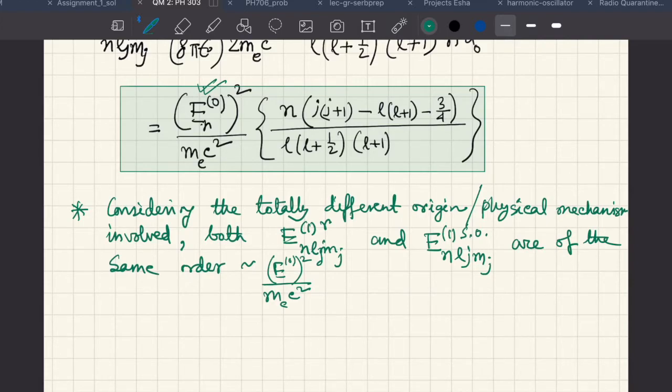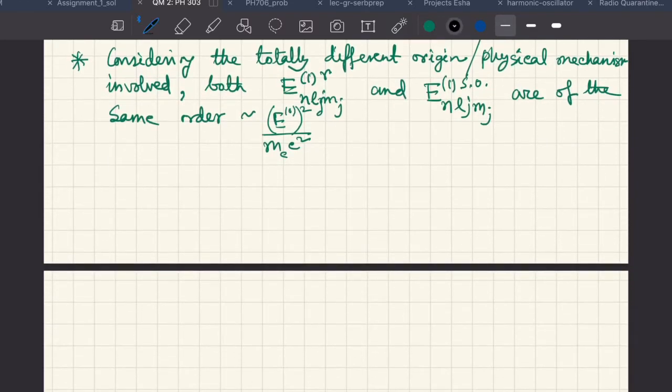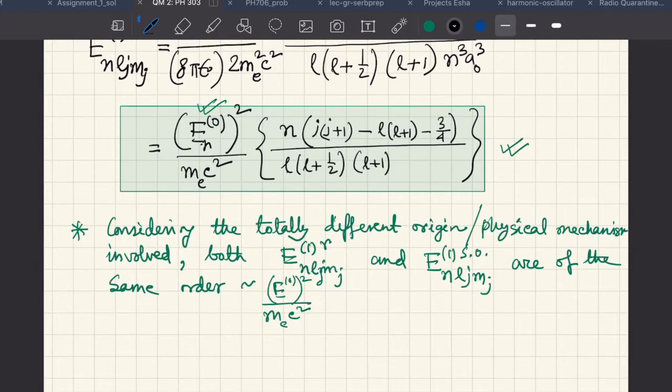The second observation is that the L equal to 0 case in this particular problem is problematic, simply because we have one L in the denominator. On the other hand, the numerator is also 0.